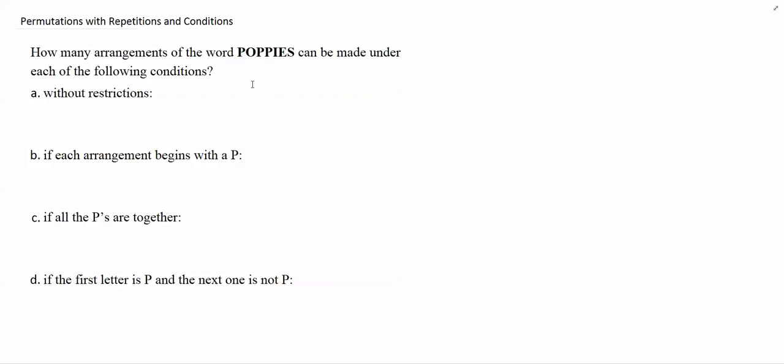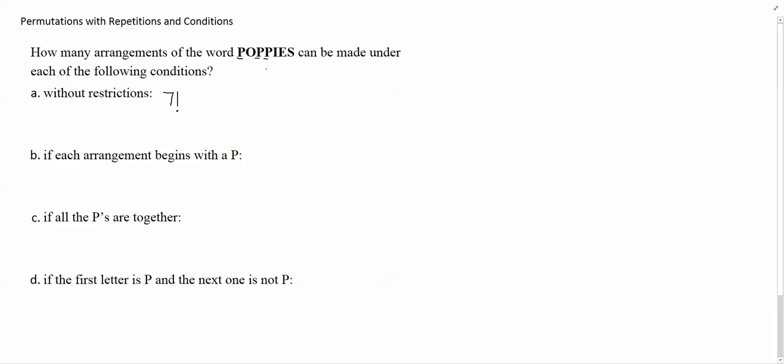So initially we need to count how many letters we have. POPPIES has 7 letters, so we know that we're going to have 7 factorial, but we need to reduce that because we have repeated letters.